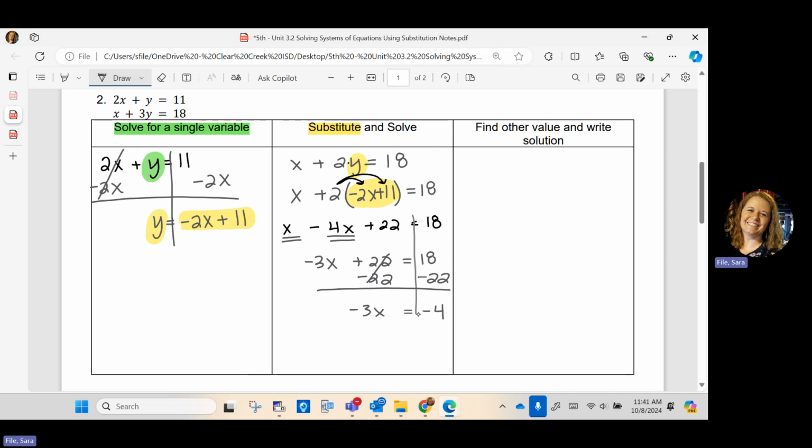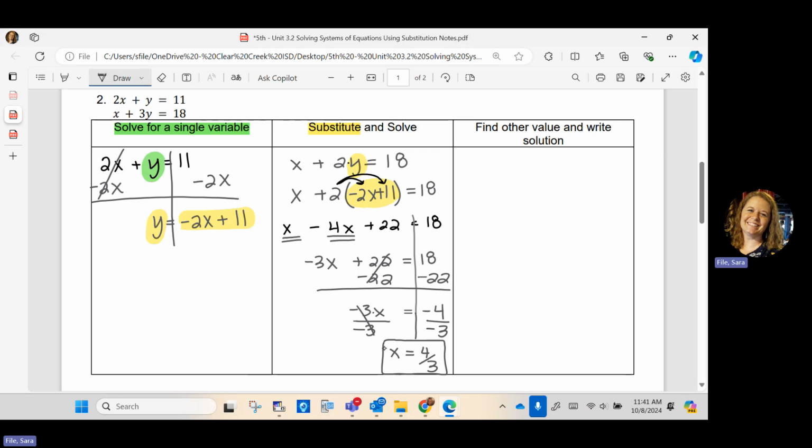And then I've got to get rid of that negative 3 that's being multiplied by x. So I'm going to divide. Now a negative divided by a negative comes out positive. So this is positive 4/3. So I found x.